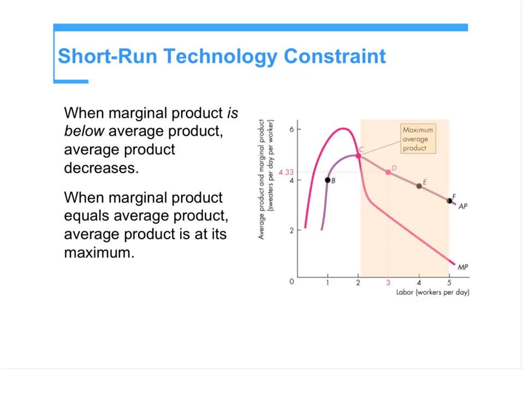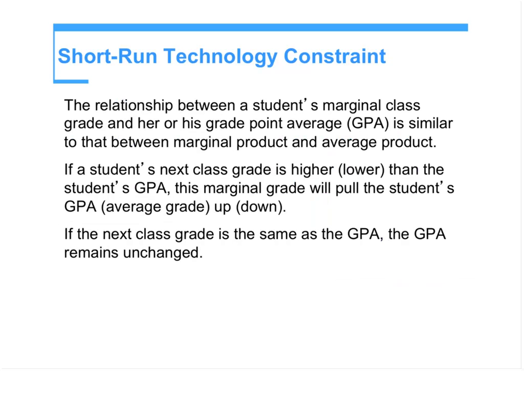You as a company want to stay there, and keep producing the same average product as your marginal product. The relationship between a student's marginal class grade and her or his grade point average is similar to the relationship between marginal product and average product.